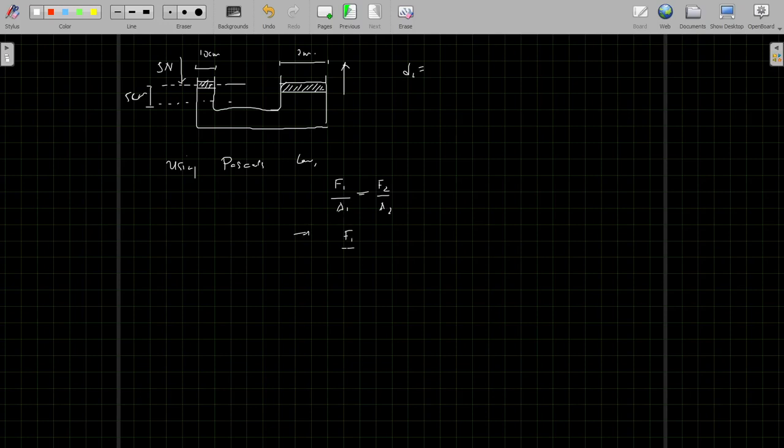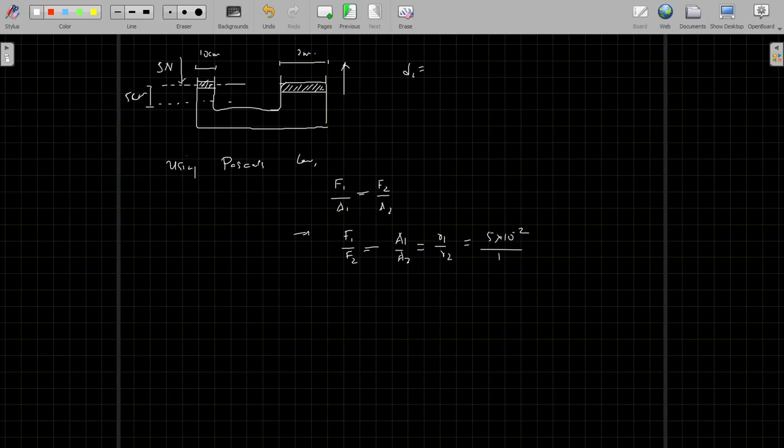F1 by F2 will give me A1 by A2, which you can also write in terms of diameter or radius as R1 by R2. So what is R1 in this case? R1 would be 5 centimeter, so 5 into 10 to the power minus 2, and R2 would be 2 meters.